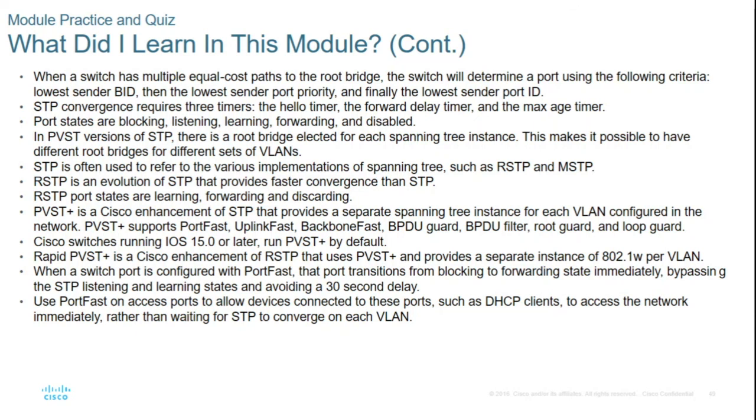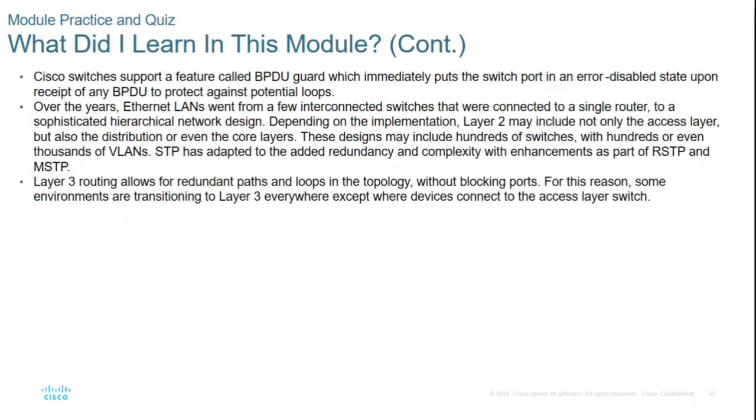Each has its own but similar implementation or enhancements of STP. Don't forget about how Layer 3 allows for redundant paths and loops in the topology. That is why, as an alternative to STP, some environments are transitioning to Layer 3 everywhere except where end devices connect to the access layer switch.